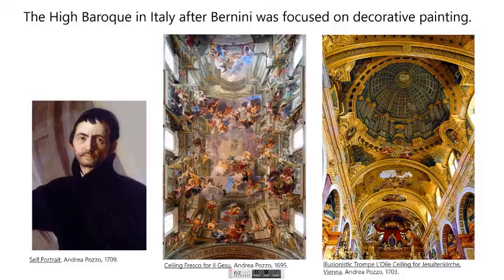And one of the things I think is really influential about him is his emphasis on decorative painting, painting as part of architecture, as a way of expanding Baroque architecture.